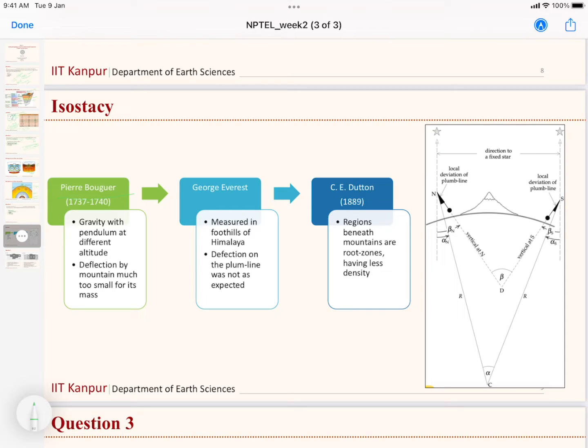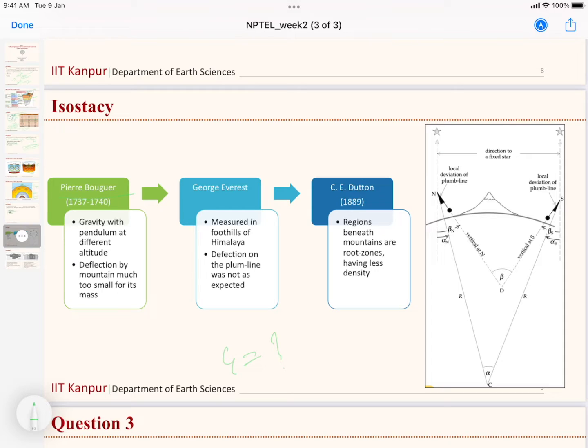But by that time, around the 19th century, the gravitational constant G was unknown. No one had identified the value of G. So that's why these researchers tried to find the mean density through some experiments. The experiments they conducted were very simple.